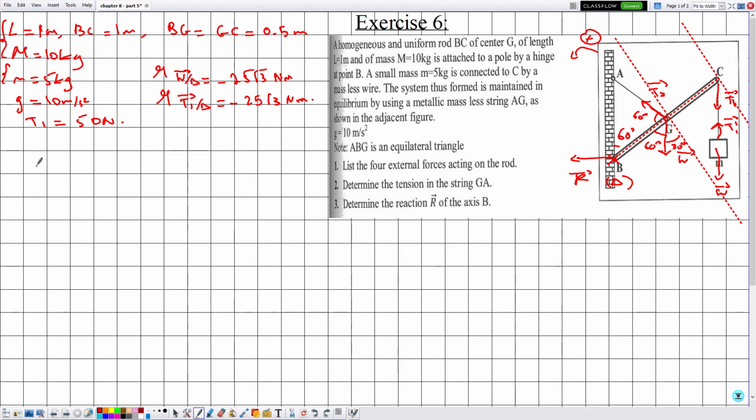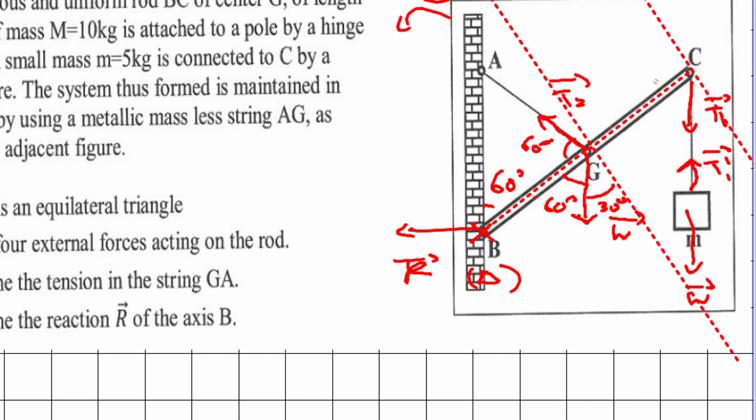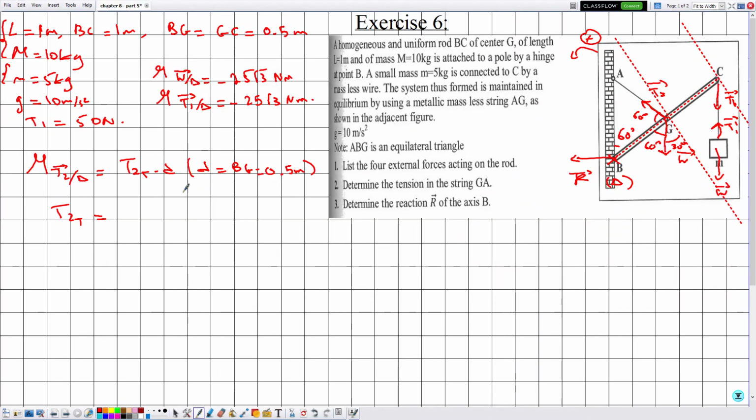Now as for the moment of T2 with respect to delta, it is equal to T2 tangential multiplied by D, in which D is equal to BG, which is 0.5 meters. So T2 tangential, notice that T2 will try to rotate in the positive direction, which is plus.